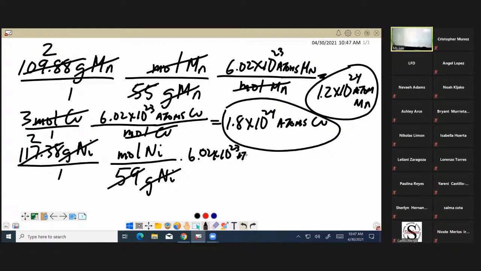Atoms of nickel per every mole of nickel. Right? Moles of nickel cancel out. Well, what's 2 times 6? It's 12. Again, we don't say 12 times 10 to the 23rd. We say 1.2 times 10 to the 24th.